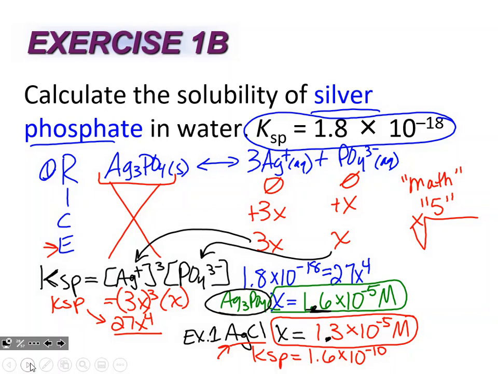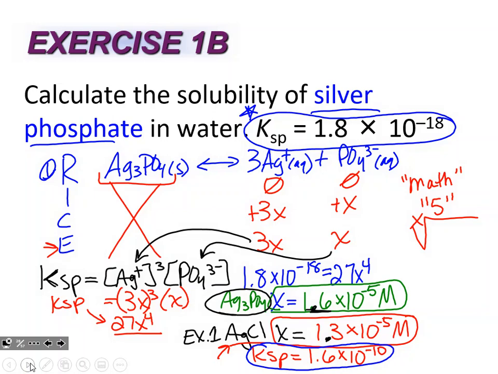So, if you just looked at the Ksp of the silver chloride here, and only compared it to the Ksp of the silver phosphate up there, and didn't take into account that the ratios of the ions are different, which one would you be likely to say is more soluble? You would say that the silver chloride would be more soluble because the Ksp is a lot larger for silver chloride.